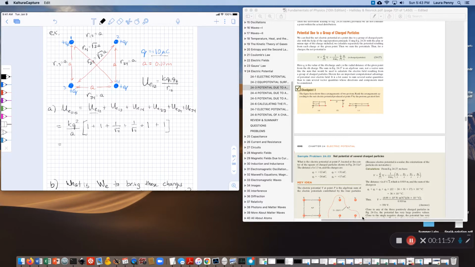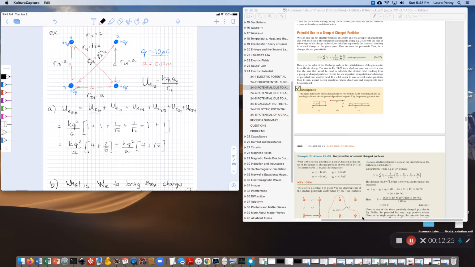And so again, this is a lot easier in terms of calculating because I'm just going to end up with a number in here. I have 4 plus 2 over the square root of 2, which I can rewrite as 4 plus the square root of 2. 2 divided by the square root of 2 is just the square root of 2.